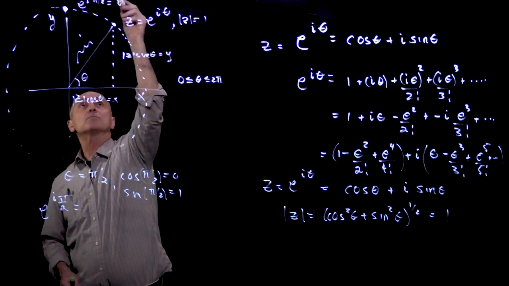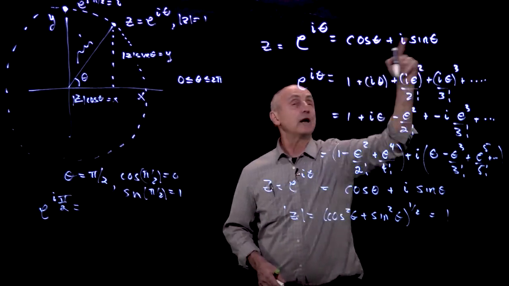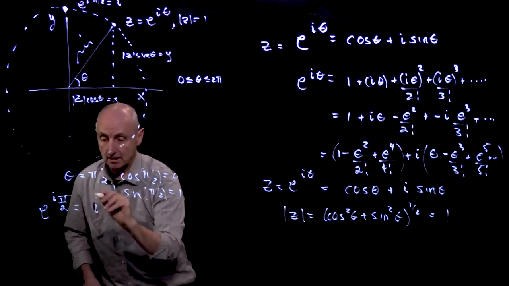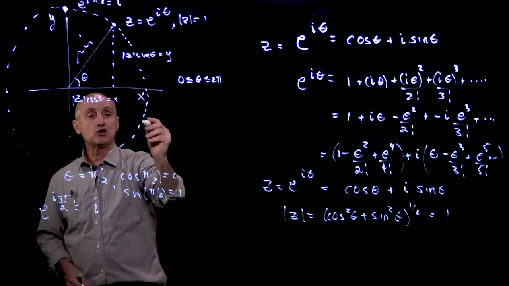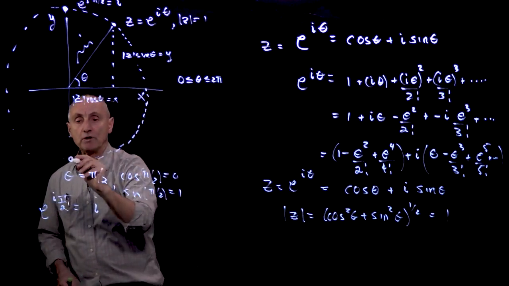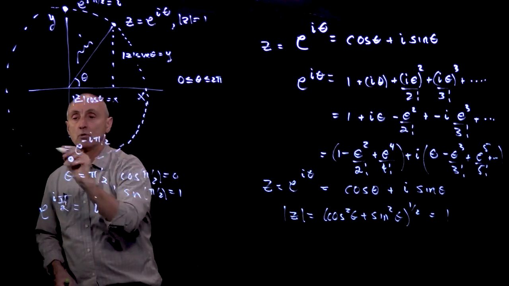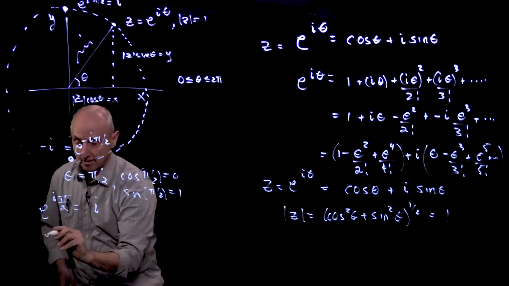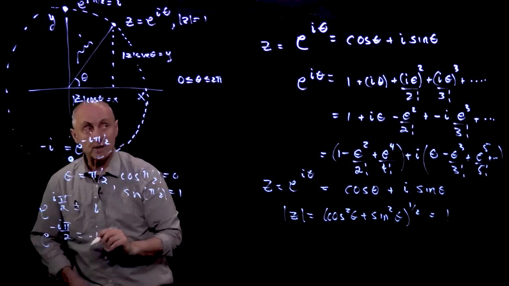It's a unit distance because we're on the unit circle. And cosine is 0, sine is 1. e to the i pi over 2 is i. In the representation, when we look at this number, e to the minus i pi over 2, well, that's minus i. And that's easy to verify this identity.